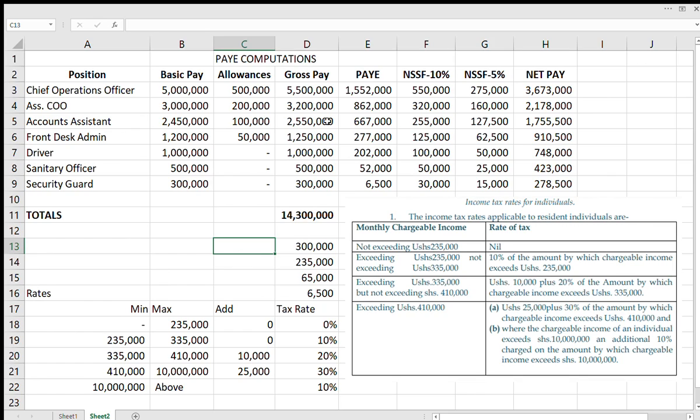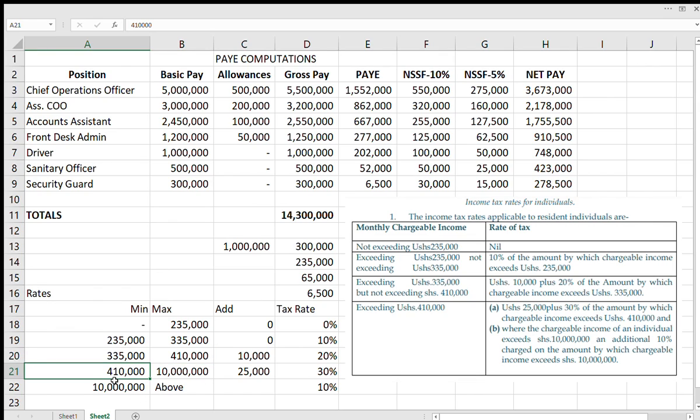Let's pick any other amount here, such as 1 million. The person is earning 1 million, for example. We again see where in these schedules or ranges the 1 million falls. Is it between 305,000 and 410,000? No, it has exceeded.